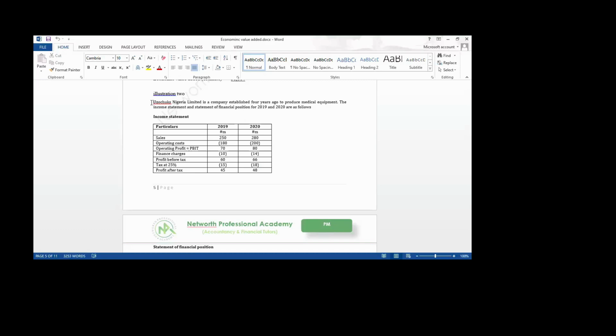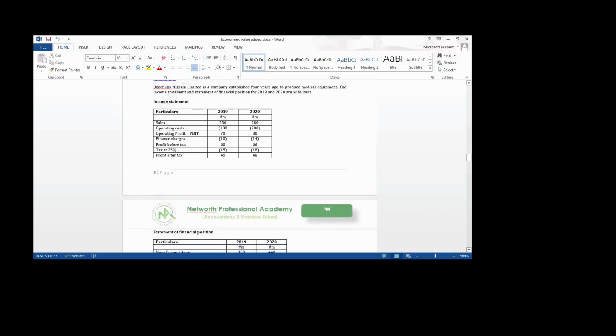Yes, Uzochukwu Nigerian Limited is a company established 4 years ago to produce medical equipment. The income statements and statement of financial position for 2019-2020.